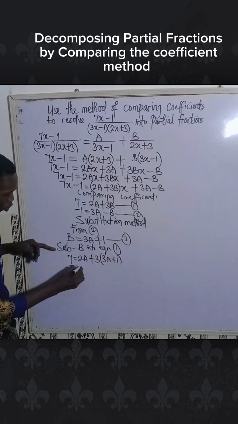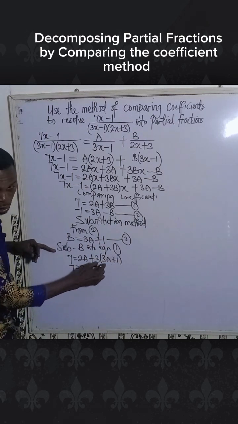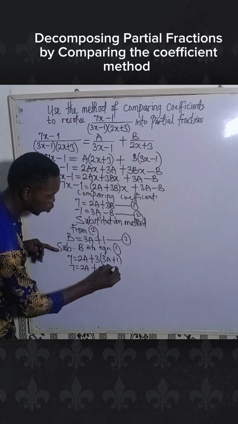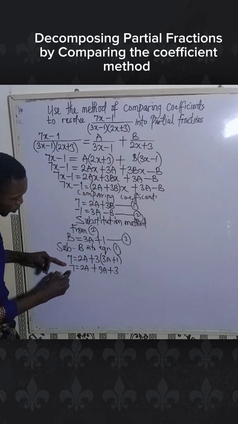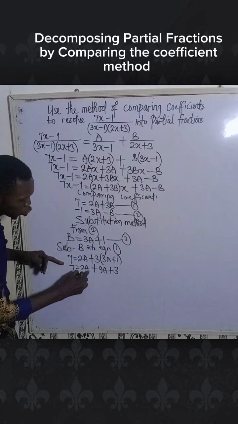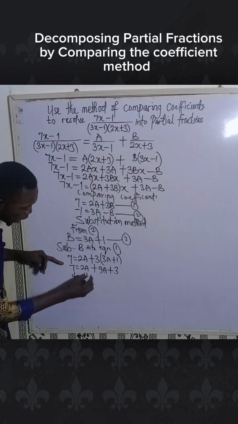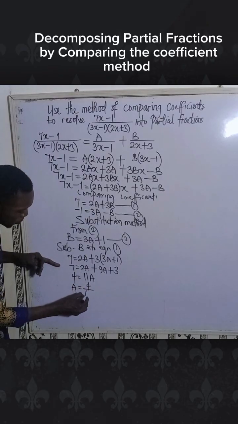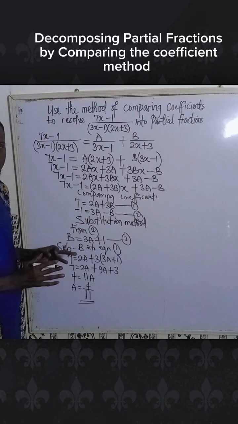So I have 7 is equal to 2A plus 3 times 3A, you get 9A, plus 3 times 1, 3. So let's combine. You bring 3 here: 7 minus 3, you get 4. 2A plus 9A, you get 11A. Therefore, A is equal to 4 divided by 11. So this is the value for A.